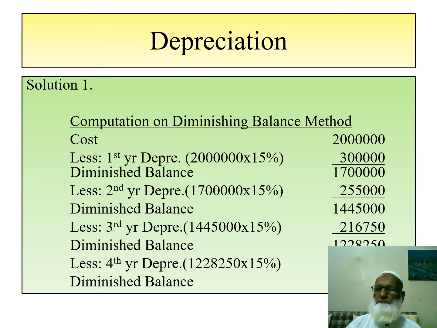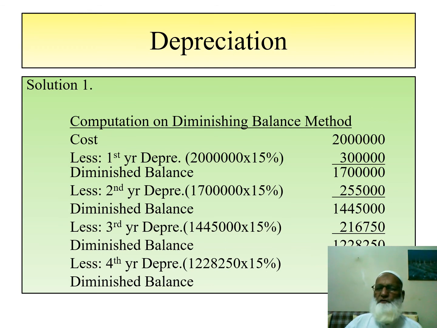After the first year, the diminished cost of the equipment remains 1.7 million. See, the cost minus the depreciation gives us the new cost of the truck, and it is 1.7 million.